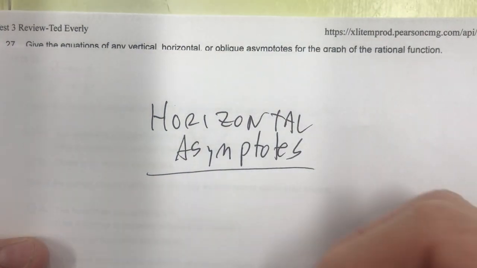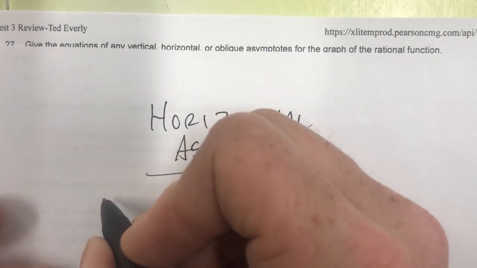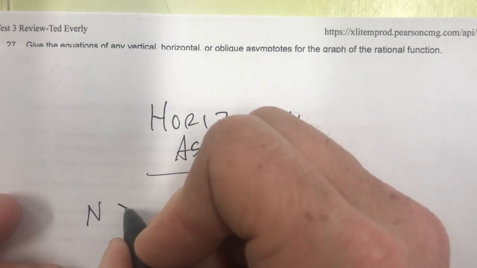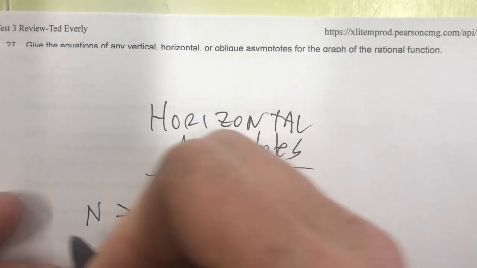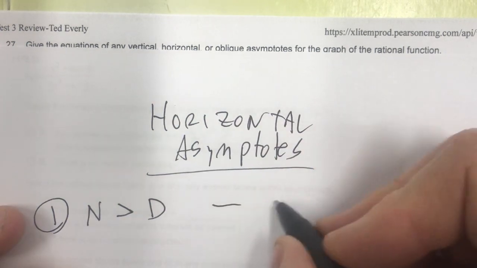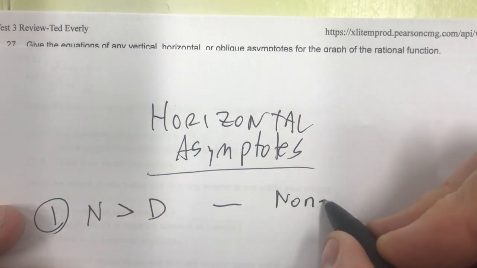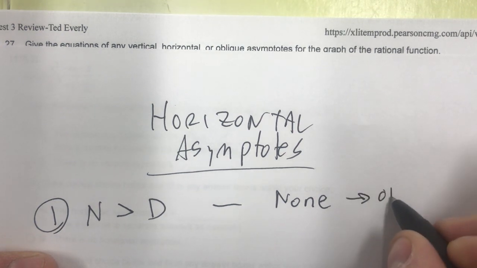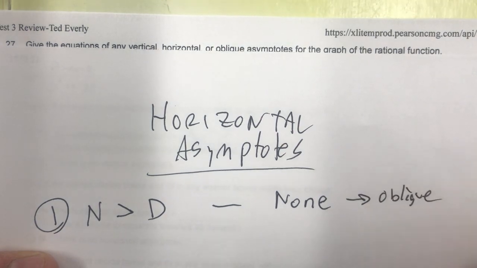Horizontal asymptotes. You look at the degree of the numerator versus the degree of the denominator. If the numerator is greater than the denominator, there is none, which means you have an oblique asymptote.